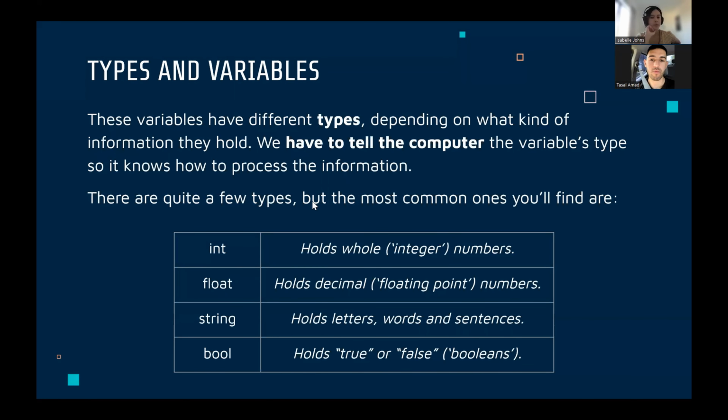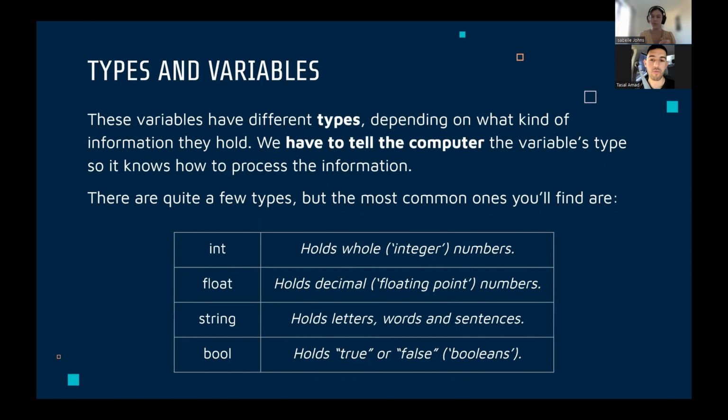So these variables have different types. And you might be like, why do we need to give them types? This just makes things more complicated. And I agree with that. But the best way I can think about it is, if one of your variables was a string and you tried to do maths on it, that shouldn't be possible, right?